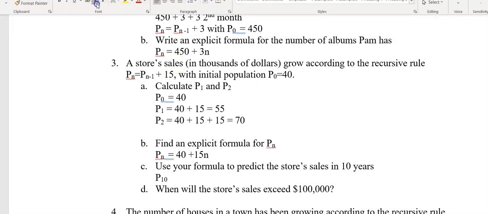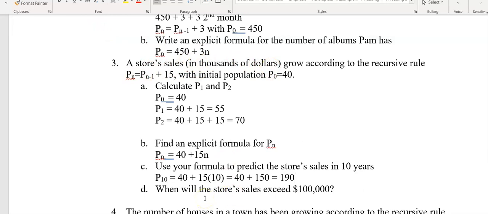And we'll use our explicit formula, 40 plus 15 times 10. And that's going to be 40 plus 150, equals 190. All right, and now really that's 190,000 because remember the store sales are in thousands of dollars.